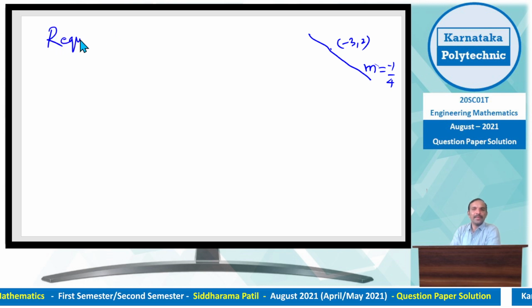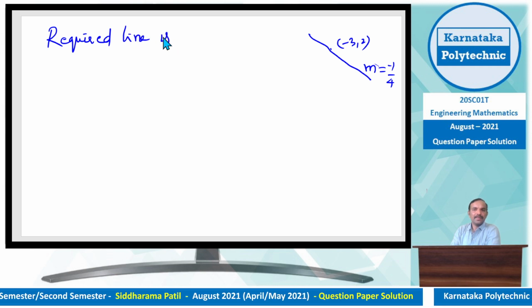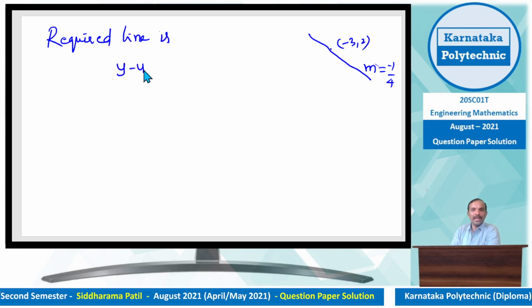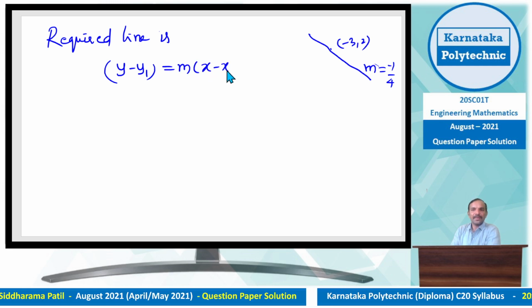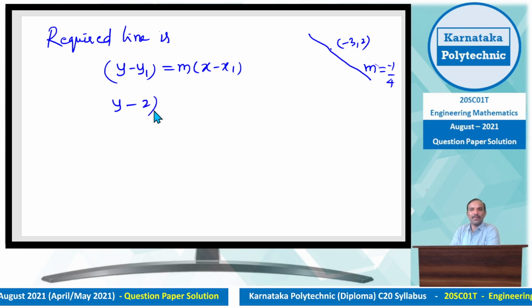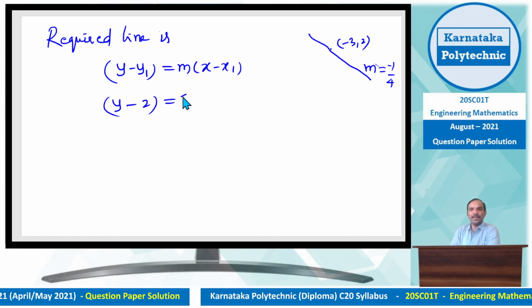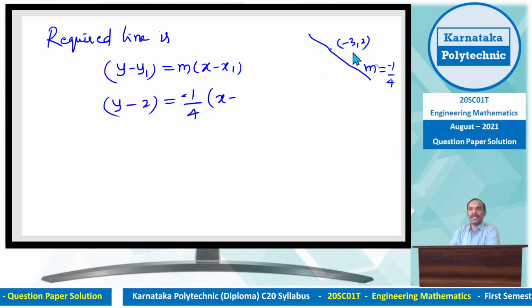Required line, by using the formula y minus y1 equal to m into x minus x1. y1 is 2 here, m is minus 1 by 4, x1 is minus 3, minus of minus is plus 3.